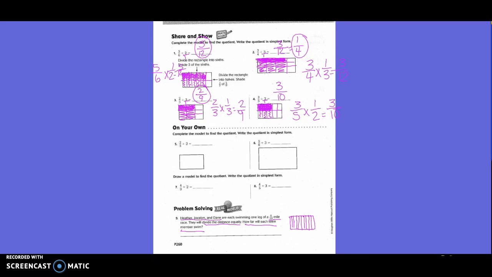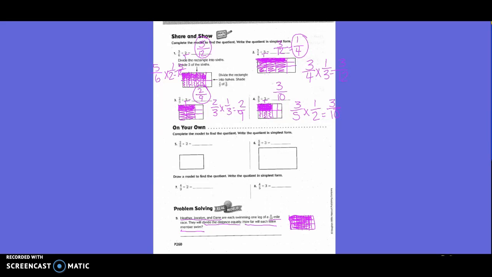How many of those do I need to color in? 9. Okay. How many ways do I need to break that horizontally? 3. 1, 2, 3. How many sections do I need to color in? 1, right?